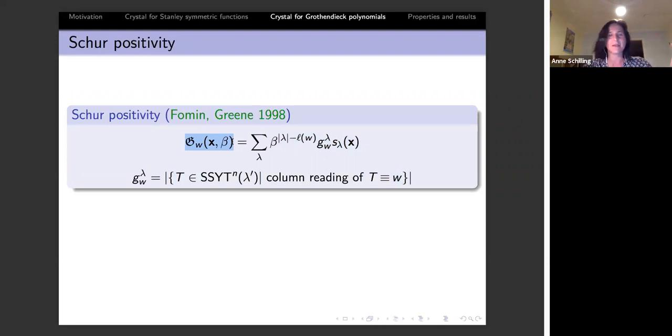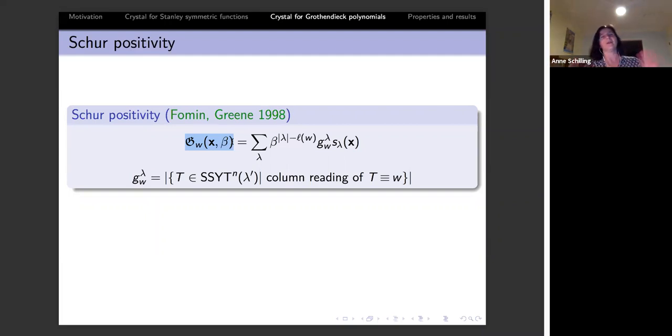And as we discussed last time, if you have a crystal structure on these objects, if you look at only the highest weight elements, meaning the ones that are killed by the crystal operators EI, then if you count those, that would precisely give you the Schur expansion.